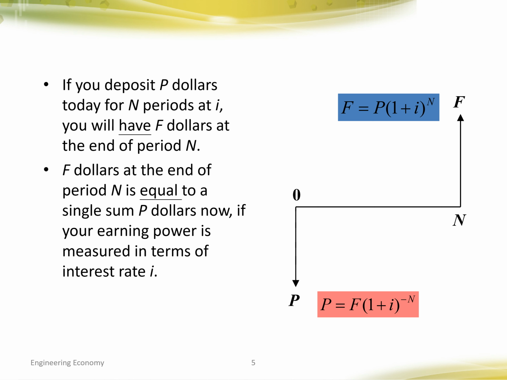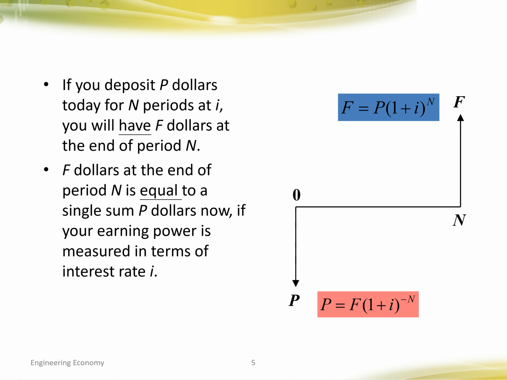And you can imagine that reversely, if we want to get the present value of a certain amount n periods away, we can use the orange equation.